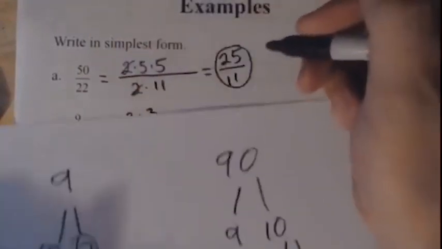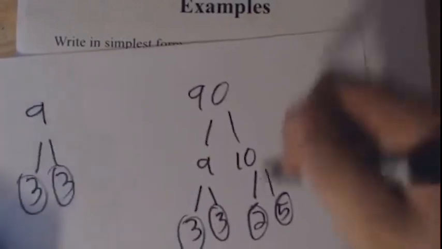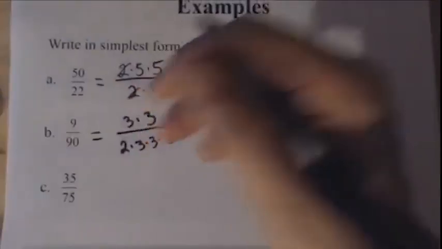So, rewriting this, 9 is 3 times 3. 90 is 2 times 3 times 3 times 5.